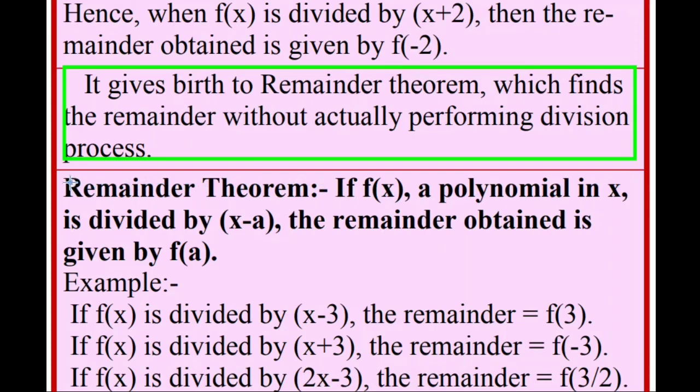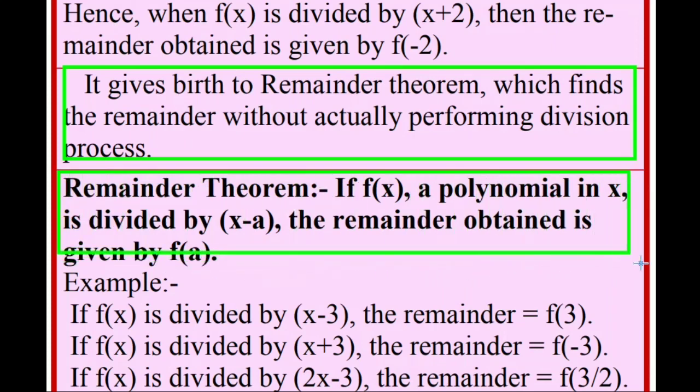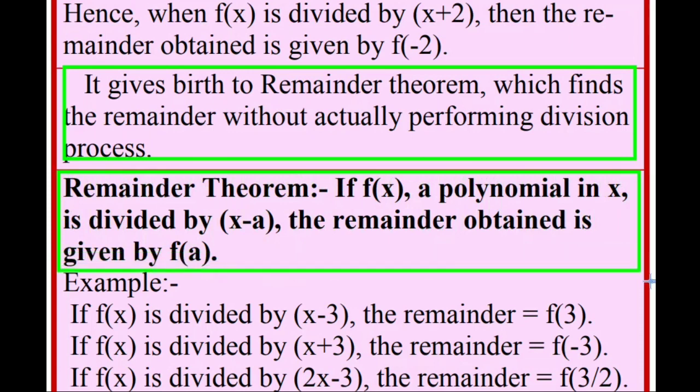According to remainder theorem, if f(x), which is a polynomial in terms of x, is divided by x minus a, the remainder obtained is given by f(a). So here, without performing actual division, we can find out the remainder obtained by dividing a polynomial by a simple algebraic expression.